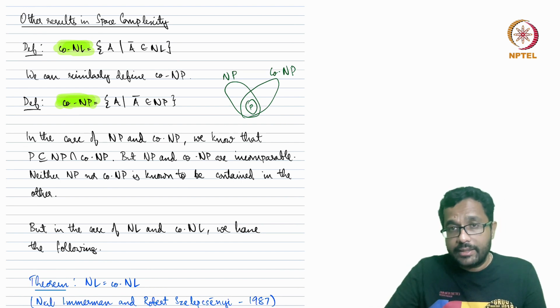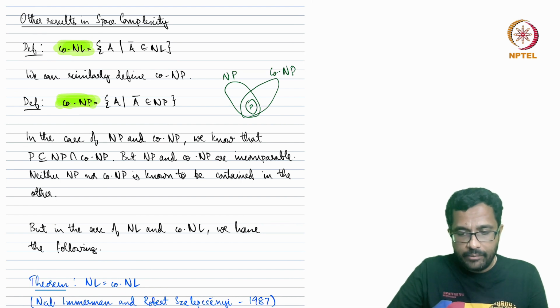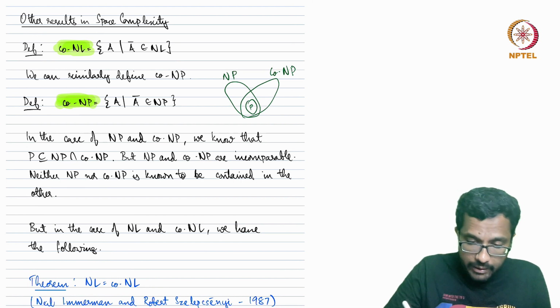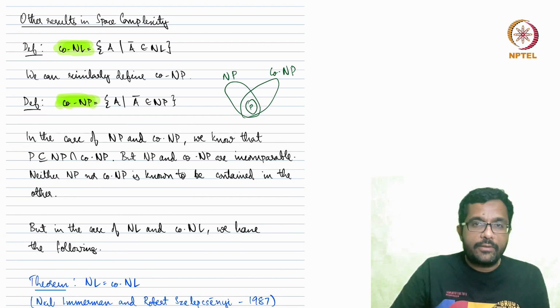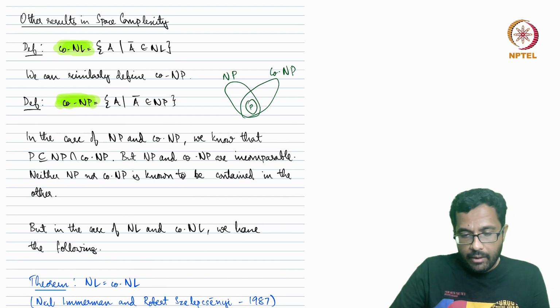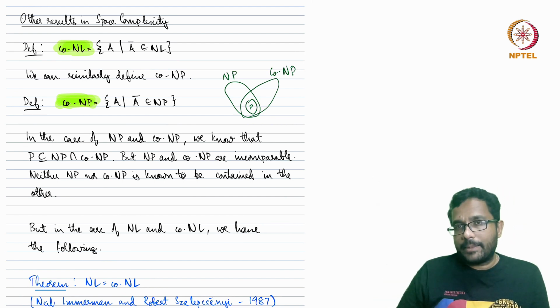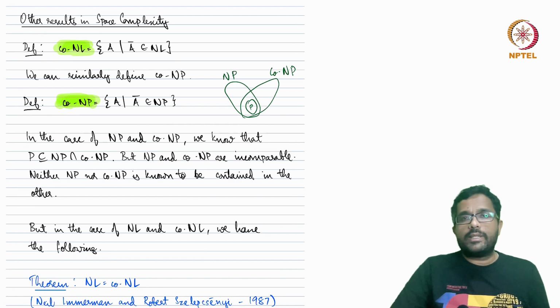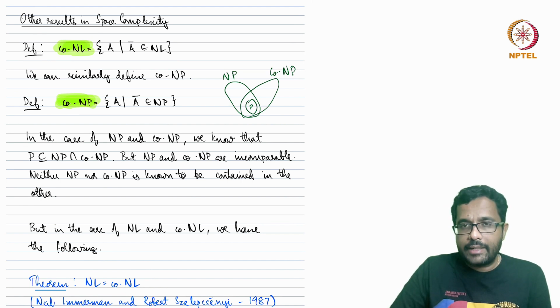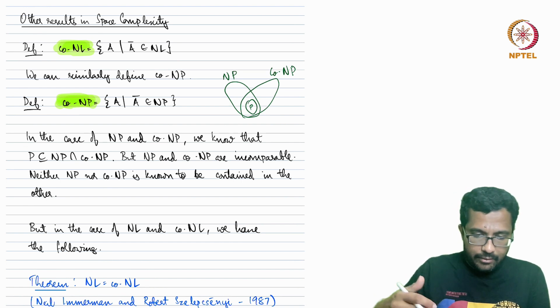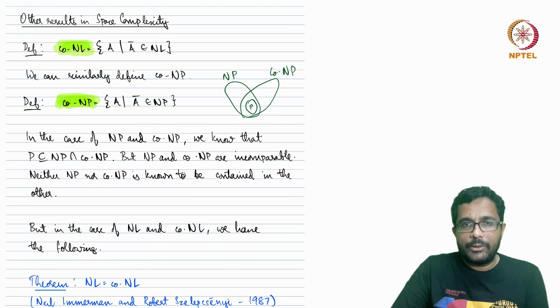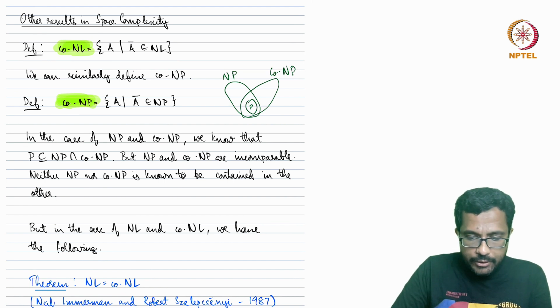There are two possibilities: NP and co-NP could be equal, or P could be equal to the intersection of NP and co-NP. But if one of them is shown to be a subset of the other, let's say NP is shown to be a subset of co-NP, then it follows that they are equal. That is not that hard to see, but because we haven't covered those topics, I will not get into that.